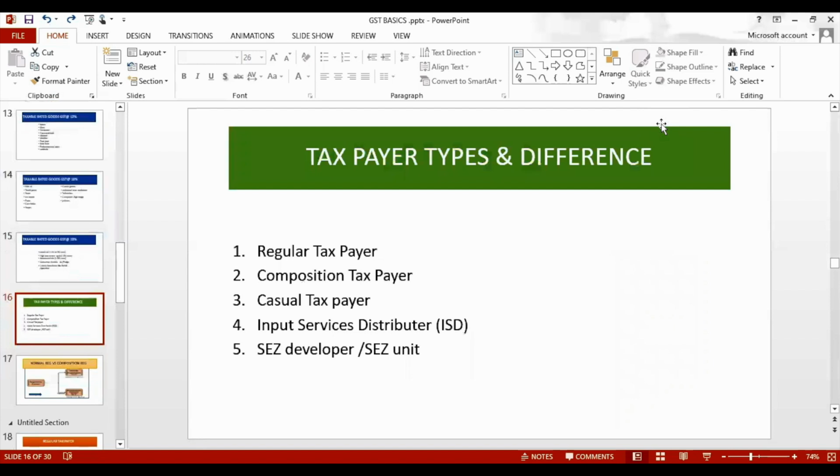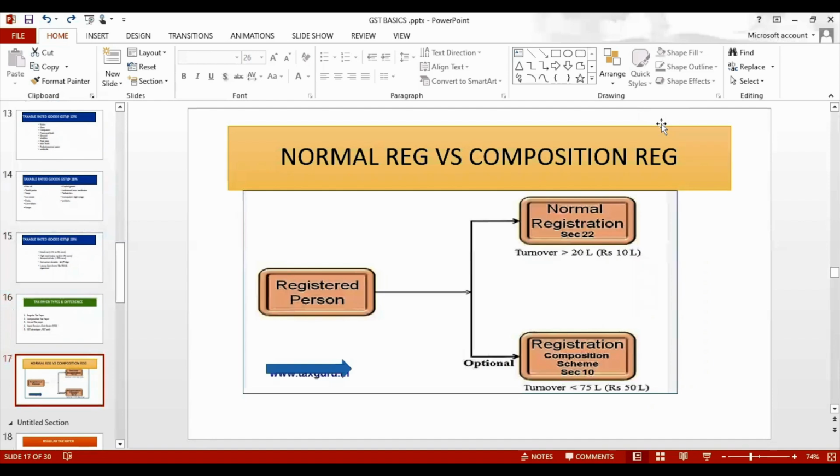Finally, what are the tax types in our GST portal? Mainly, we are discussing the regular taxpayer and the composite taxpayer. What is the regular taxpayer? What is the composite taxpayer? I am giving both differentiations here.